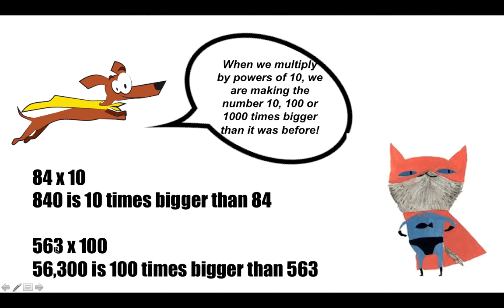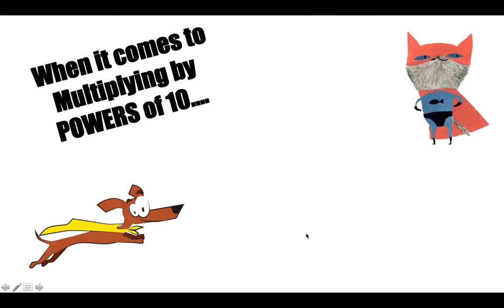And in the second example, 563 times 100 is 56,300, and that's 100 times bigger than 563. We haven't just added 2 zeros, because 563 plus 0 would be 563.